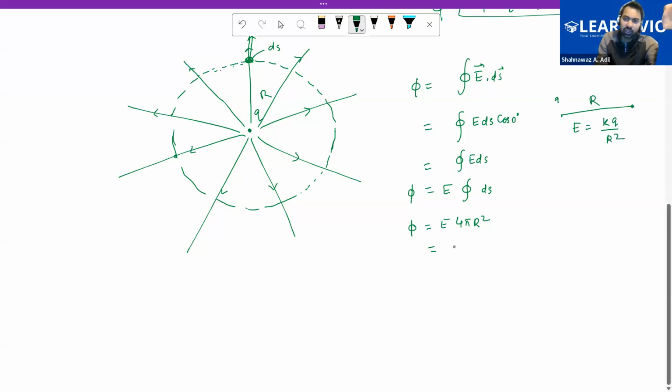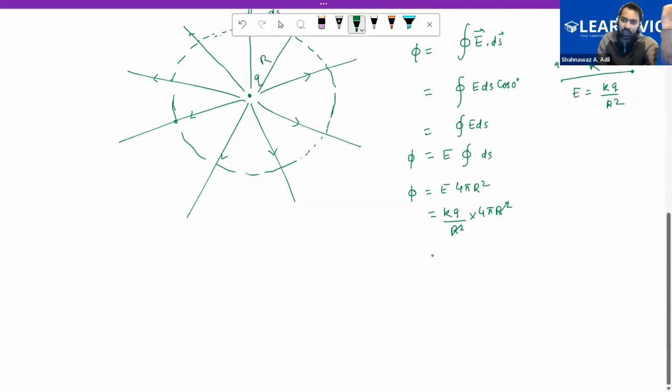So this is kq by r square and this is 4 pi r square. So r square will cancel. And k is 1 by 4 pi epsilon naught, this is q and this is 4 pi, so 4 pi cancels out. So we have only q by epsilon naught.